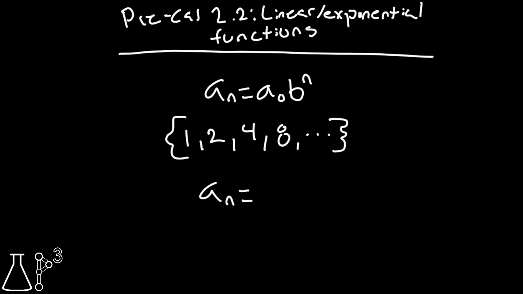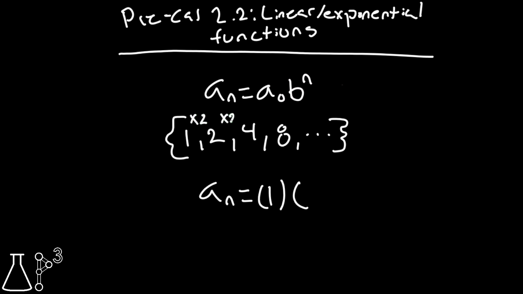a_0 is going to be 1, right? Now, b, instead of what we're adding each time, is going to be what we're multiplying each time now. Because instead of adding, like in the last example where we were adding 2, in this one we're multiplying by 2.